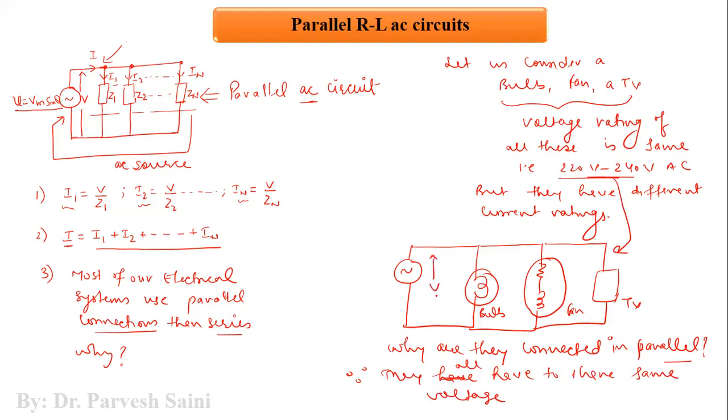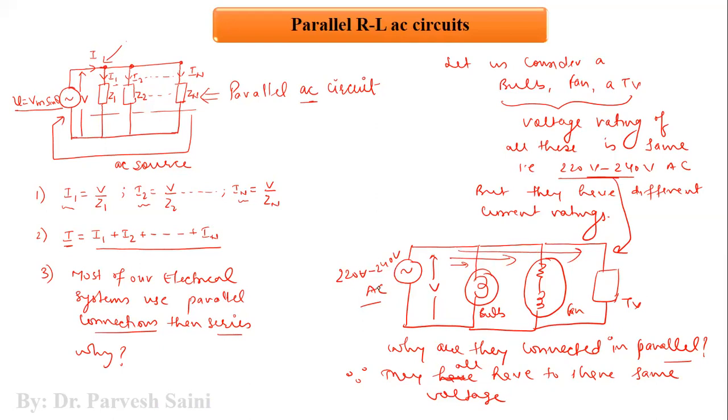So they will be sharing the same voltage. We have used a 220 volt to 240 volt AC source here, and every component has the same voltage. That is why we connect the electrical appliances in parallel.